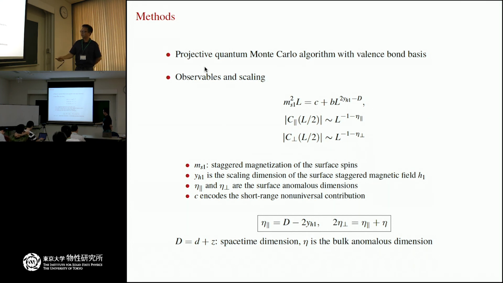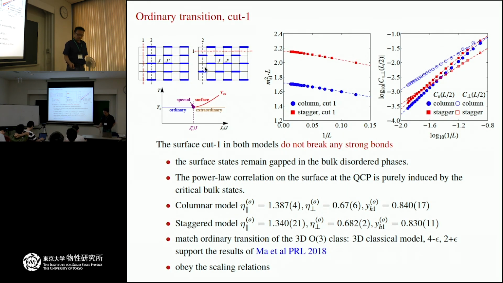This is the scaling dimension I mentioned in the introduction. Now the calculation. First, we started with the cut 1 case. The surface cut 1 in both models does not break any strong bonds.